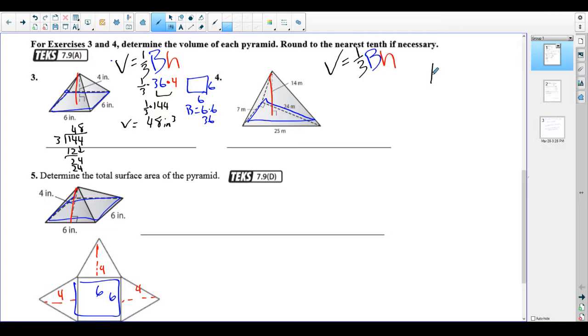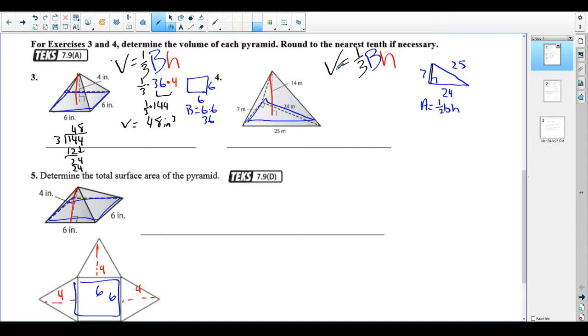I'm going to draw my base out in blue. And this one they try to throw you off. It gives you sides 7, 24, 25. The right angle. Now, area of a triangle, 1/2 base times the height. There's 3 numbers here. We're only going to multiply 2 of them.